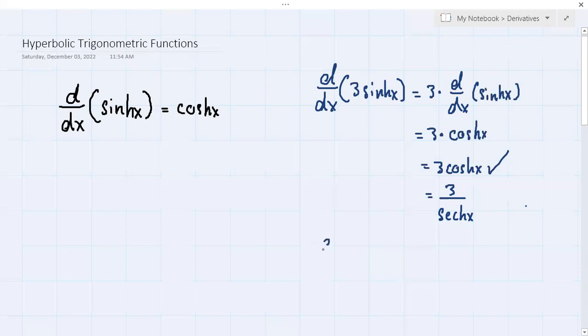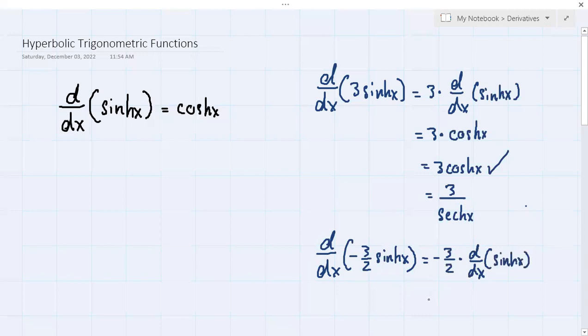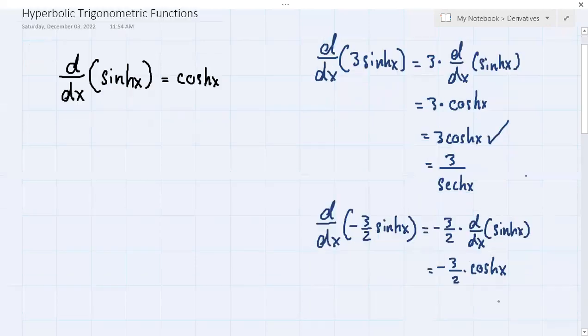Okay? So let's have one last example. So let's just say meron tayong negative 3 halves of sine hx. So in here, ganun din, we will have negative 3 halves times the derivative of sine hx, which is cosine hx.